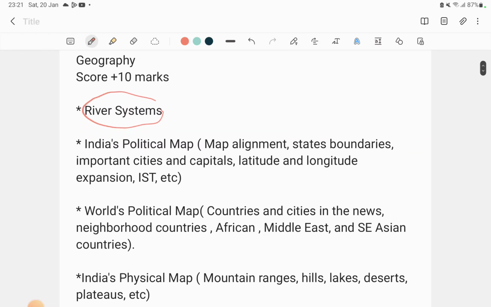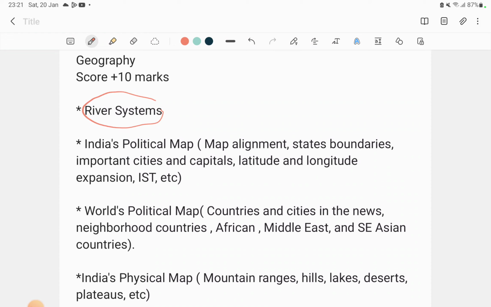Then second is India's political map. Every year you would get these kind of questions which are based upon India's political map. So you need to know about alignment, and after the formation of new union territories, the new map is very important. So you look at India's map, how it is aligned, how the different states are aligned, which state touches which other states.